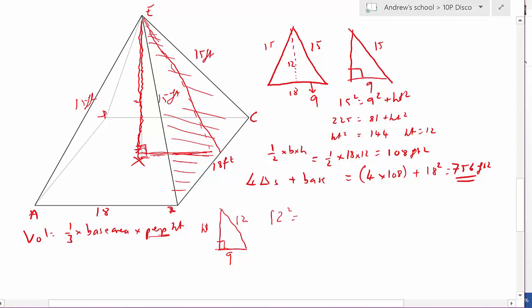12 squared is equal to 9 squared plus the height squared. 144 is equal to 81 plus the height squared. So the height squared is 63.